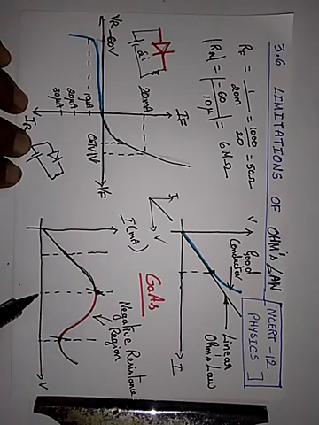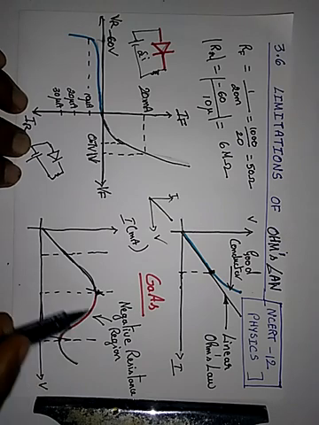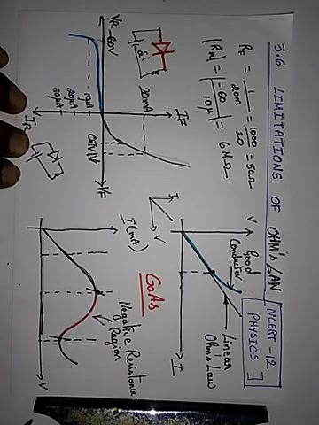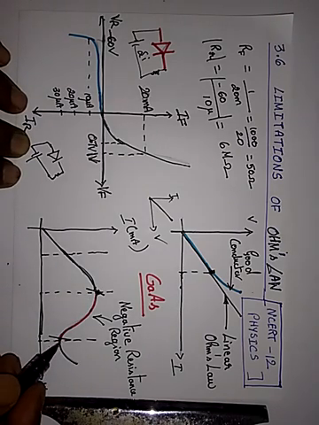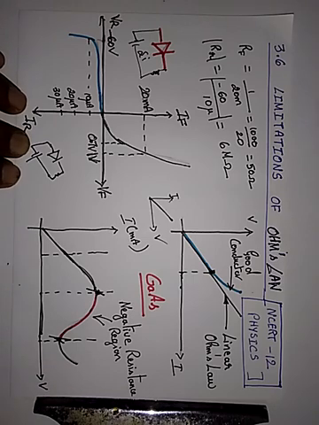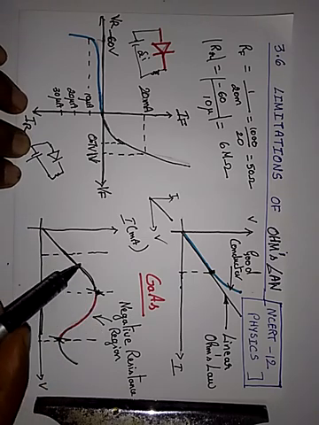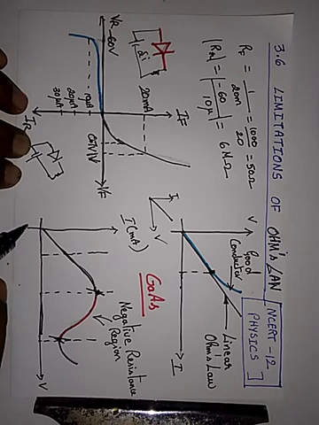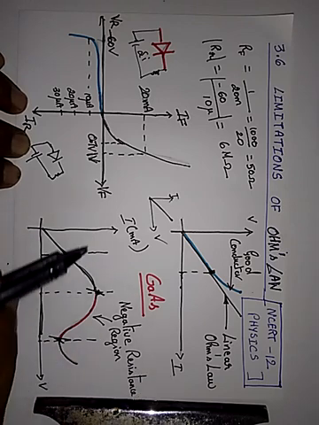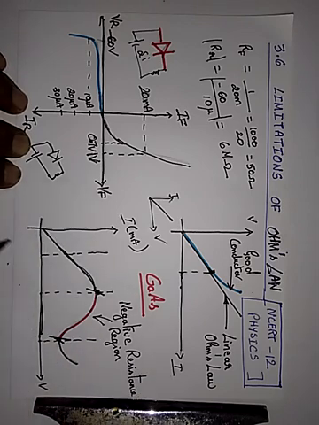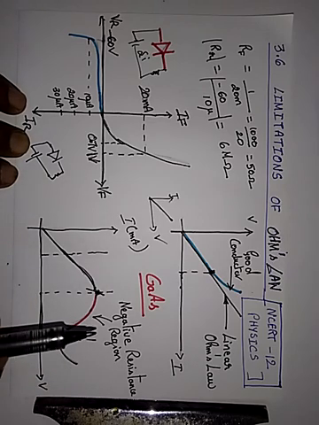Whereas here when the voltage increases, the current is decreasing. That means from here to here it is called the negative resistance region, and this is called the valley point. So this does not have a linear relationship between voltage and current. So this gallium arsenide will not obey Ohm's law.